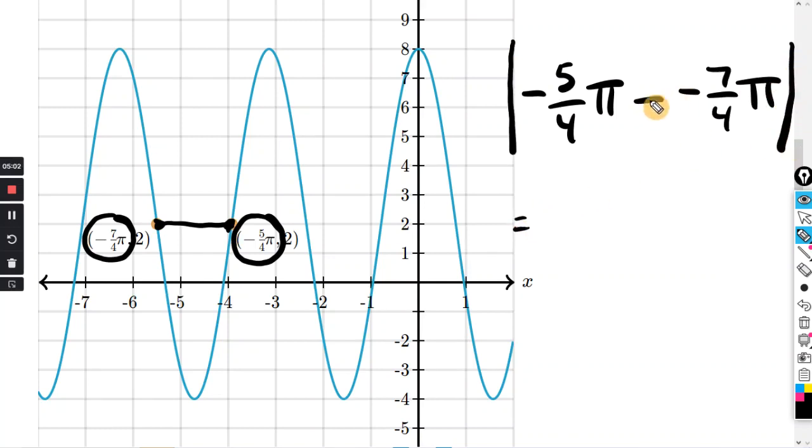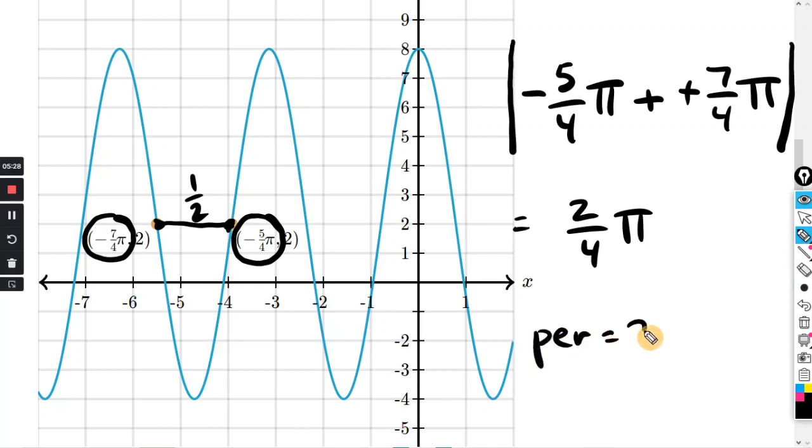Okay, so the two negatives in a row make it positive. And we basically have positive 7/4 and negative 5/4. So 7 minus 5 is going to be 2. The common denominator is 4, and we still have pi. So that is only half the period. Okay, so we just have to multiply that number by 2.